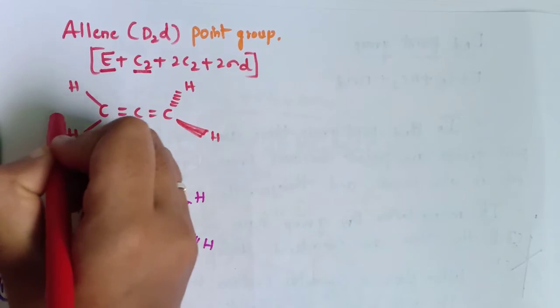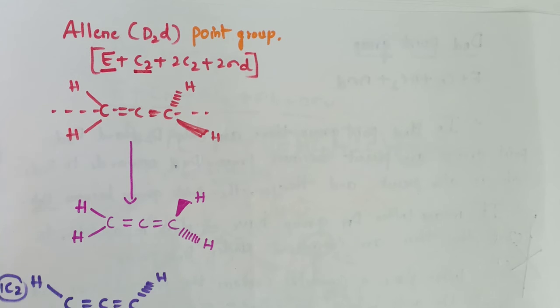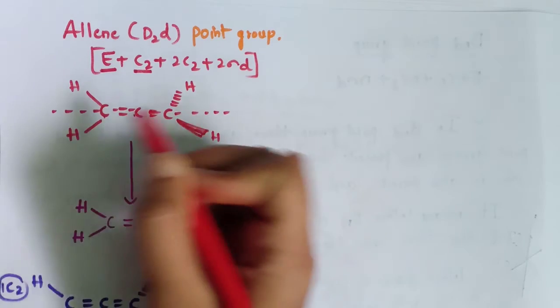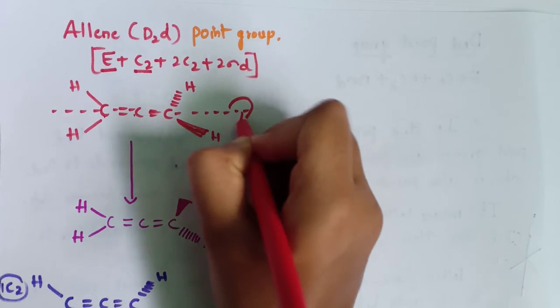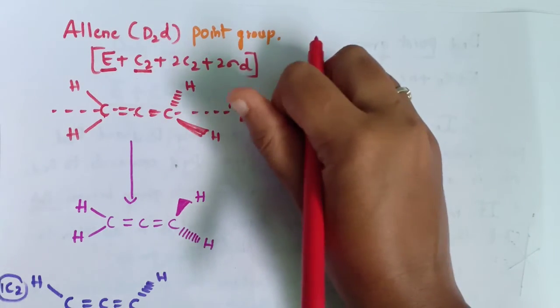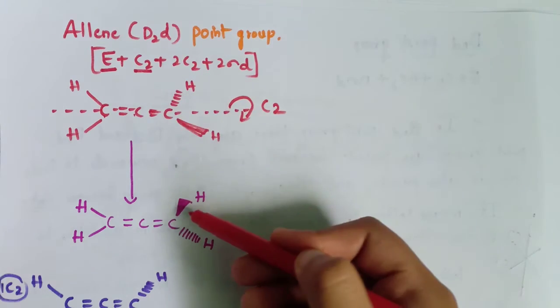See here, if I pass a symmetry axis like this, which axis will we consider as the principal axis? The axis which is passing through the maximum number of atoms is called the principal axis. Here it is passing through the 3 carbon atoms, so it is the principal axis. If I rotate the molecule by C2, that is by 180 degrees, this back carbon will come to the front side.